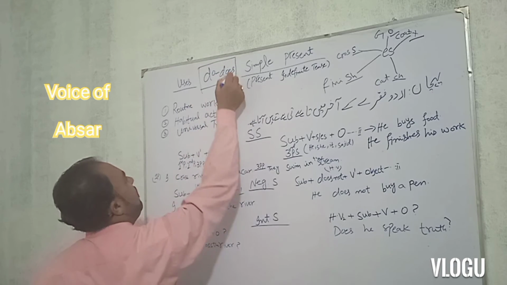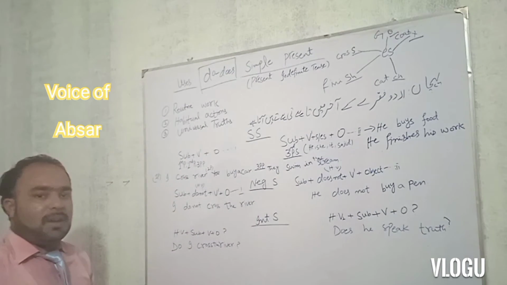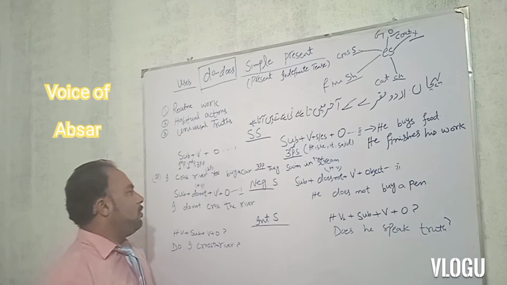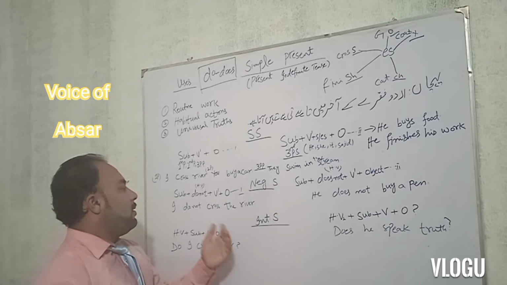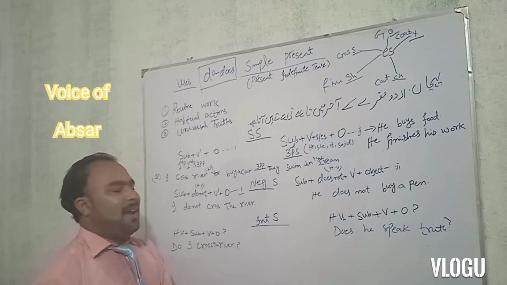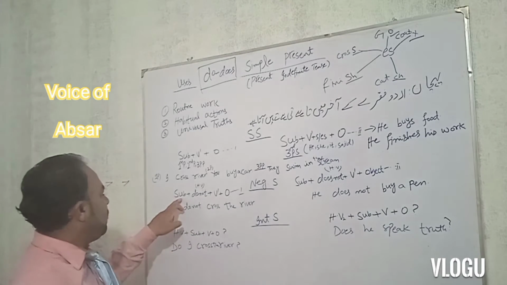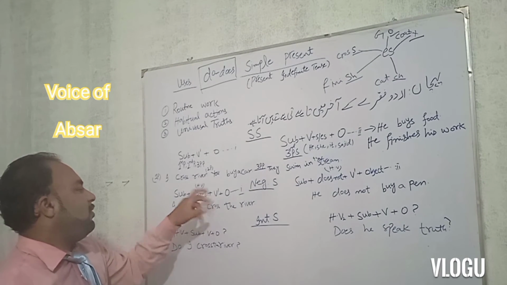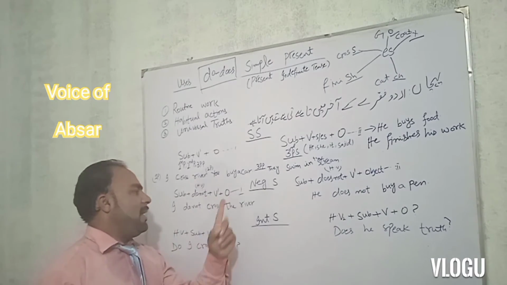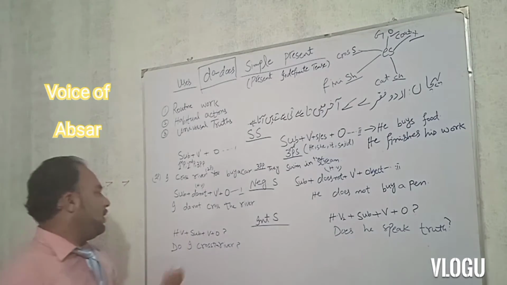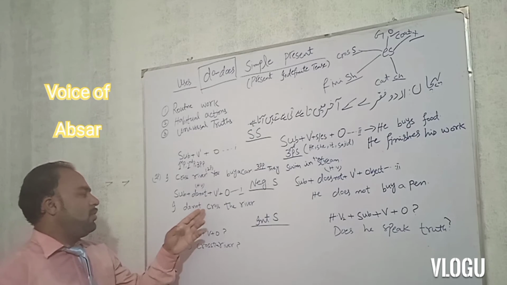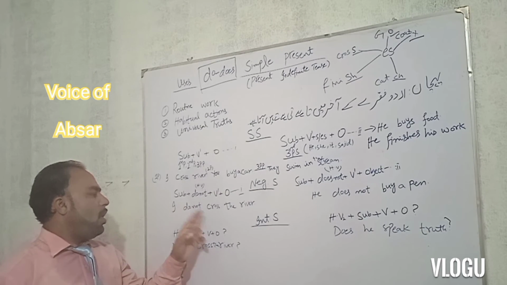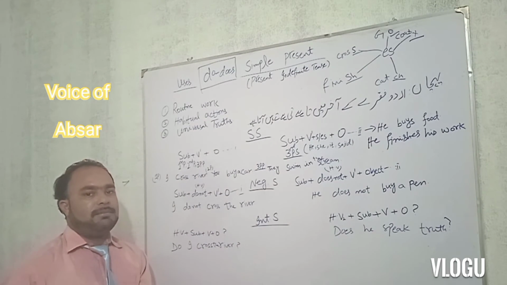This helping verb we use, and then we use not, then the first form of the verb and object. Subject plus do not plus first form of verb and object. For example, I do not cross the river.